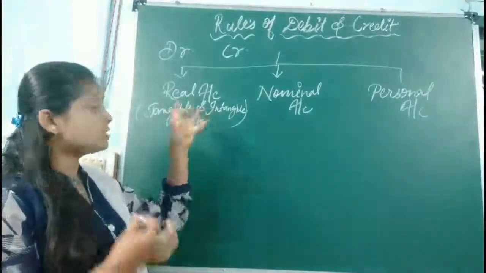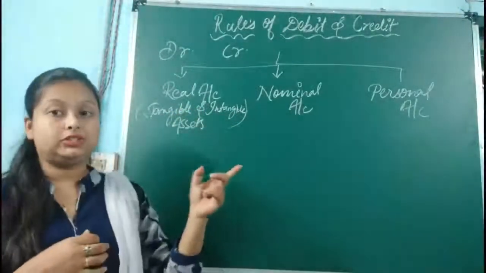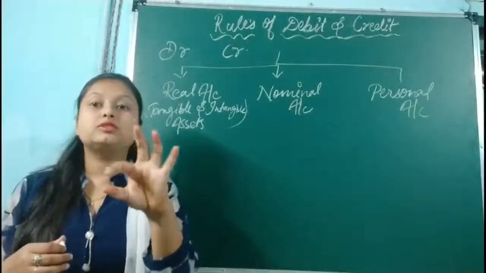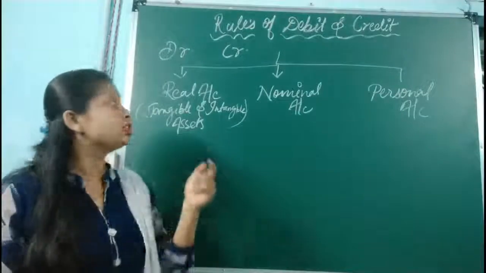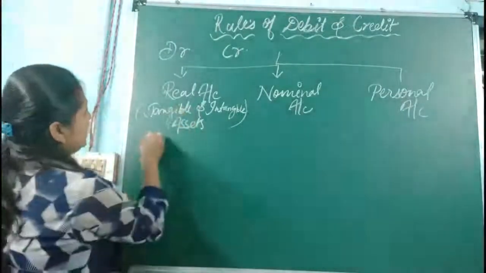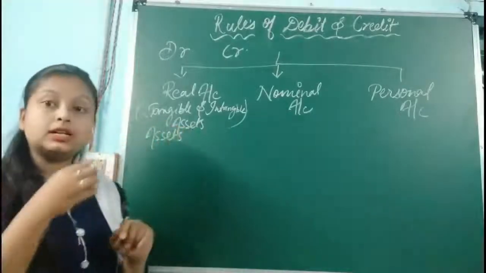Here it includes all types of assets, whether of tangible nature or intangible nature. Tangible means which we can see and touch. Intangible means which we cannot see and touch. So mostly in real account all the assets are going to come.